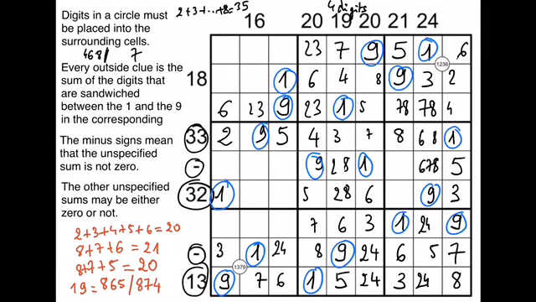And it allows for some cleanup, I think. Those must be 2 and 4. I need a 7 on this row, it can only be here.